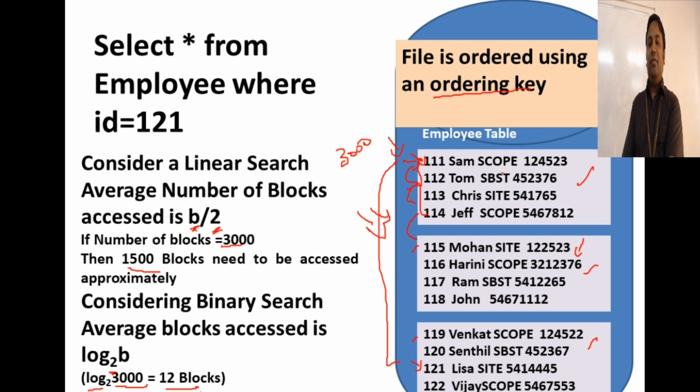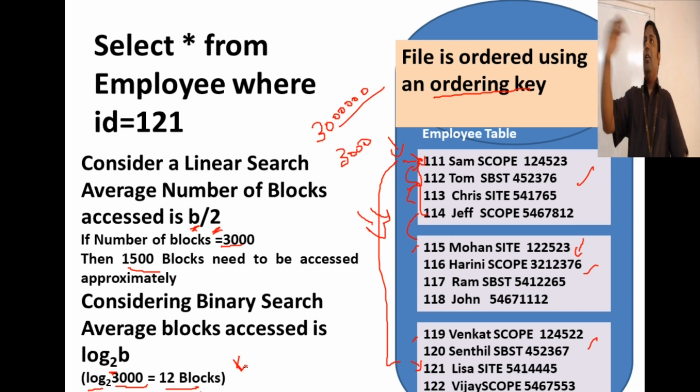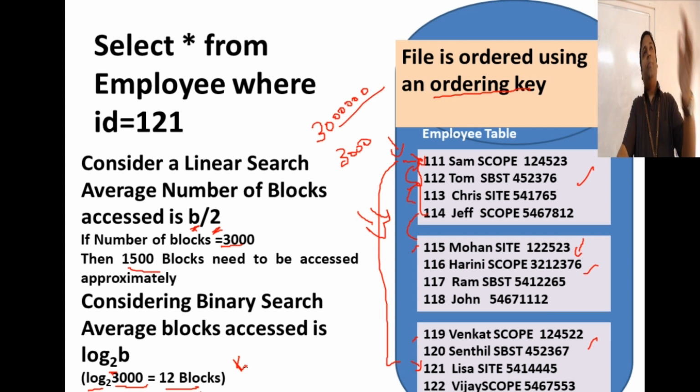When my employee table, say it is having 300,000 blocks, and my employee table is very large, the number of blocks I have to access using binary search also will be very large. So then our problem still remains how to reduce the search time. Even with binary search on a large table, the number of blocks becomes large.